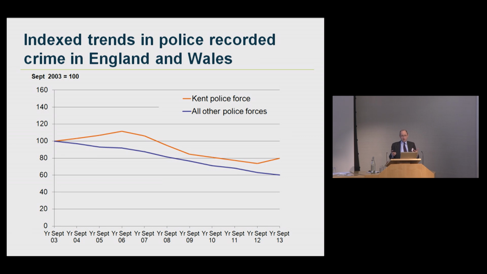Now, that doesn't allow us necessarily to assume that crime has gone up in Kent, but recorded crime has gone up in Kent. And one of the challenges that the Home Office, the police, the ONS, the Statistics Authority now face is that there's a possibility that as a result of improving the way in which data is recorded, we will see apparently that crime, or at least crime as measured by recorded data, increases, despite the fact that we may well believe as a result of the crime survey in England and Wales that crime is continuing to come down.